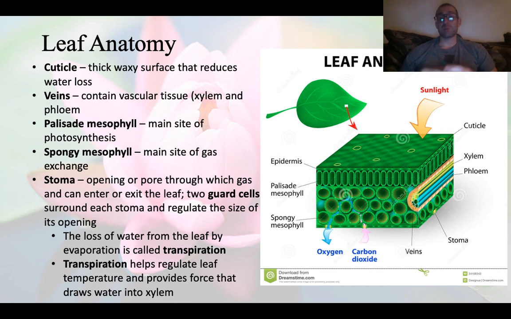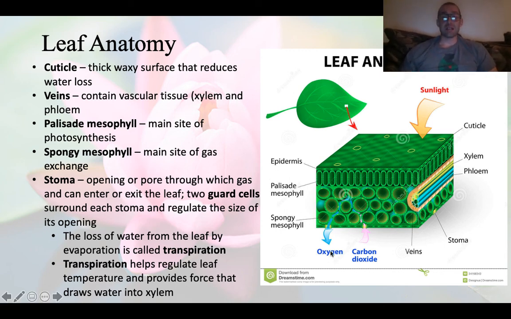Now this is very important because it's through the stomata that the plant is able to take in carbon dioxide. It's also with the stomata that we have what is referred to as transpiration, and that is the loss of water in the leaf. Now, transpiration can be a good thing. It can help regulate leaf temperature, and it also is responsible for actually pulling water up through the plant, and we'll learn about that a little bit later.